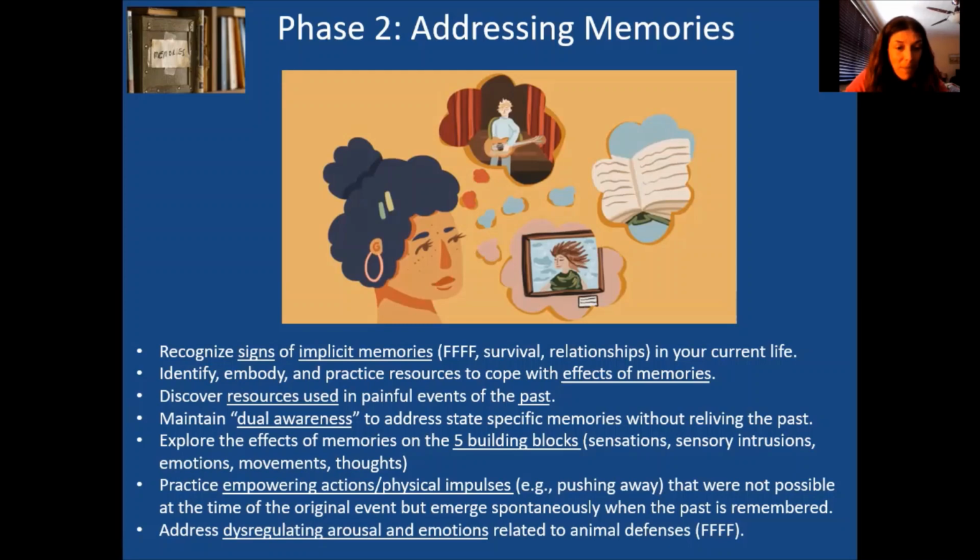Another thing which is really cool is that we're going to practice empowering actions and physical impulses. Let's say at the time you were being assaulted or physically abused, and you were too young and too scared, and you weren't able to fight back. It would have been a dumb idea to fight back because you never would have won. And so you froze.